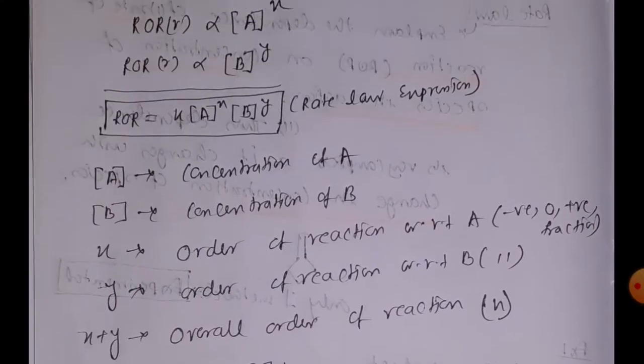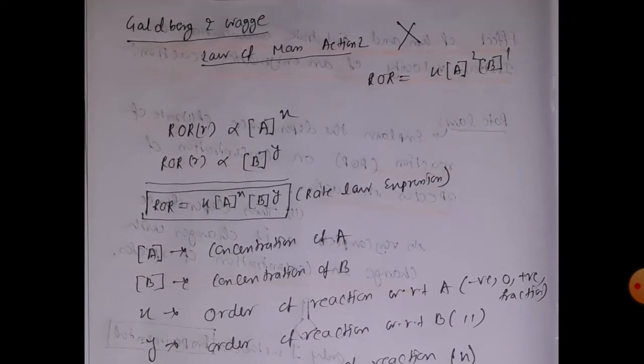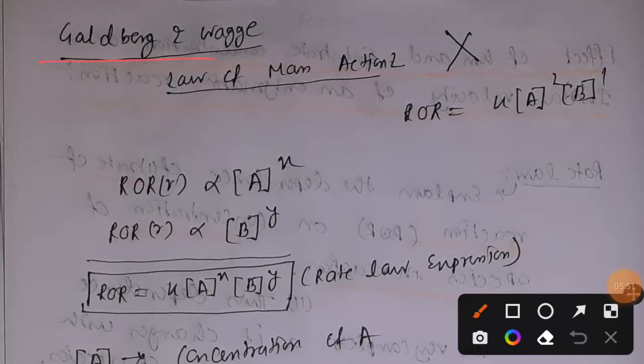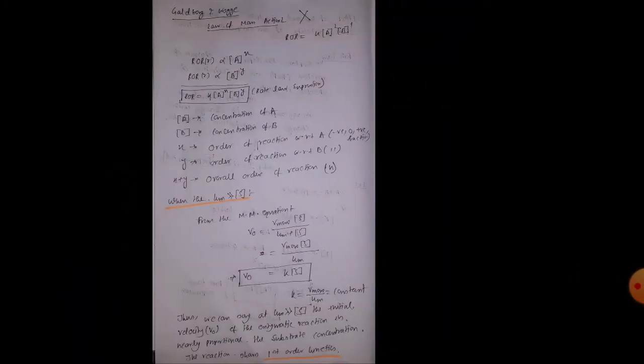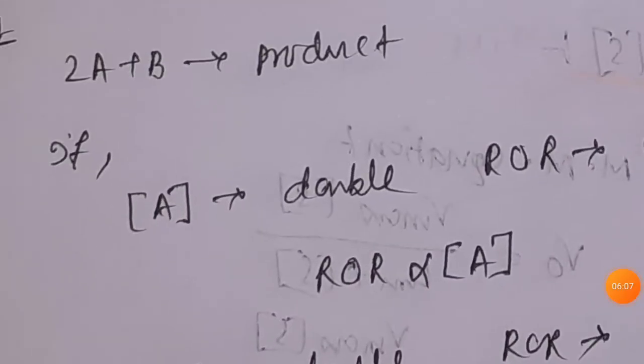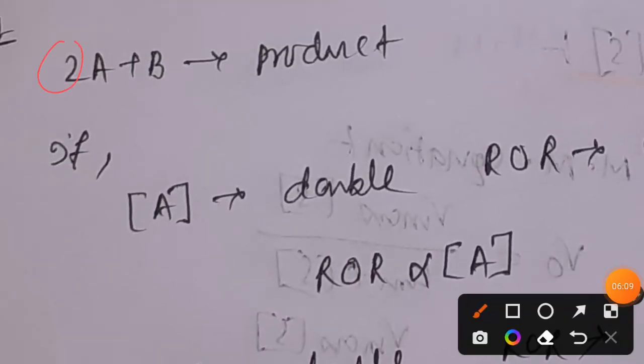There is another important thing that our sir has mentioned in his video: there are two scientists, Guldberg and Waage. They proposed a principle named the law of mass action, where they said to consider the stoichiometric coefficient of each reactant as its order.